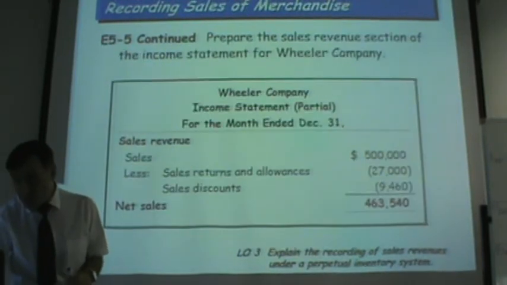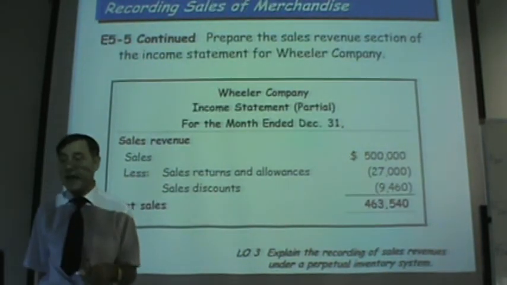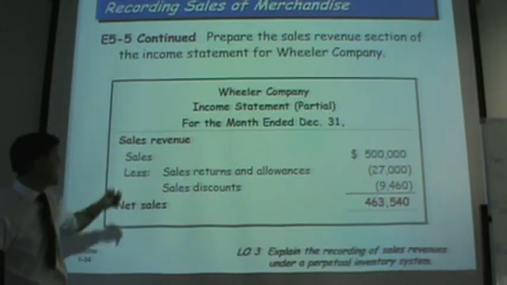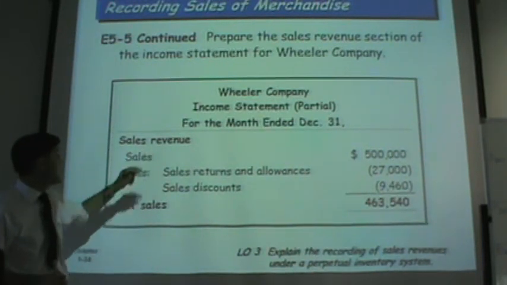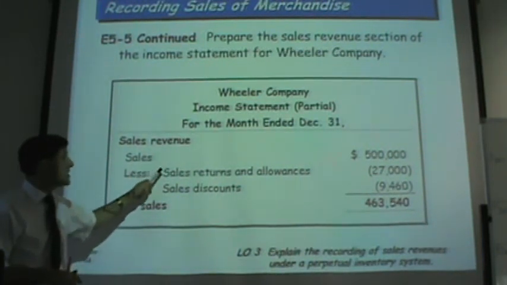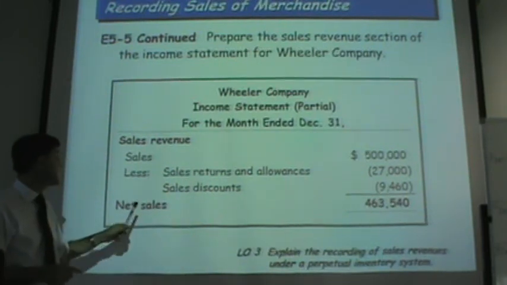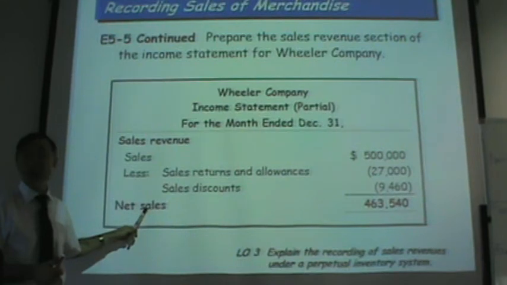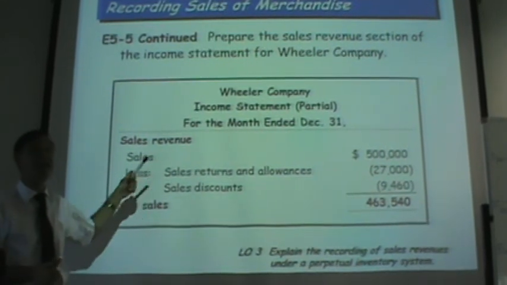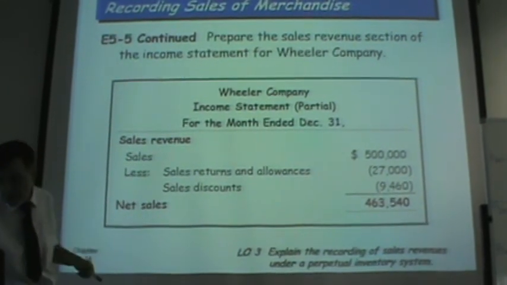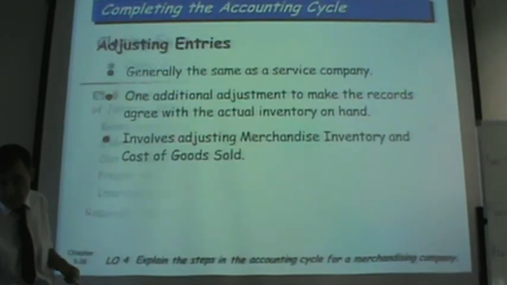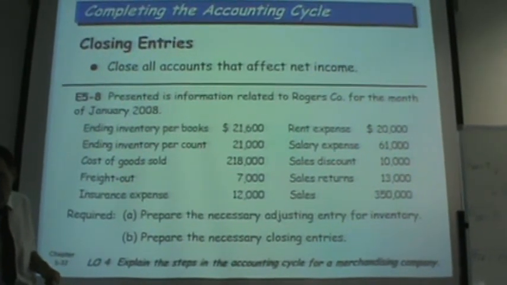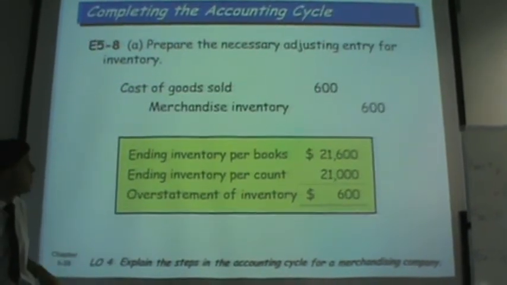And you have some basic income statement. These were the sales minus sales returns and allowances, and these are the net sales. And from the net sales now we have to get the cost of goods sold. Closing entries, I don't want to go into that.